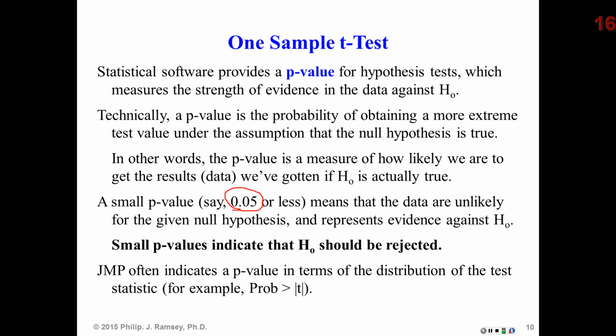You'll also notice in JMP that they denote p-values in the form of the test statistic that's used. And again, there are thousands of different types of hypothesis tests, some of them very esoteric and hard to understand or explain the mathematics.